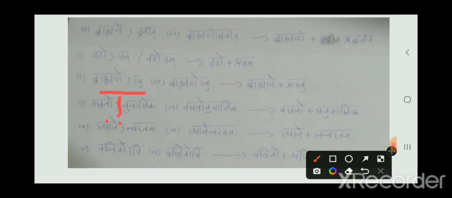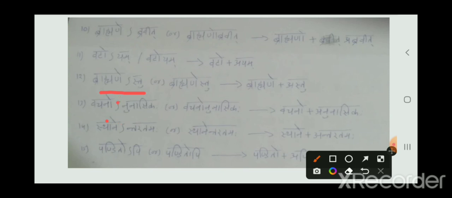Okay, that you remember. Vachano. What is the last letter? O. So O should be there. O plus the dropped-off letter A. When O is at the end of the padam and followed by an akara, then what will happen? It's Purvarupam. The replacement is its preceding vowel, which is O.